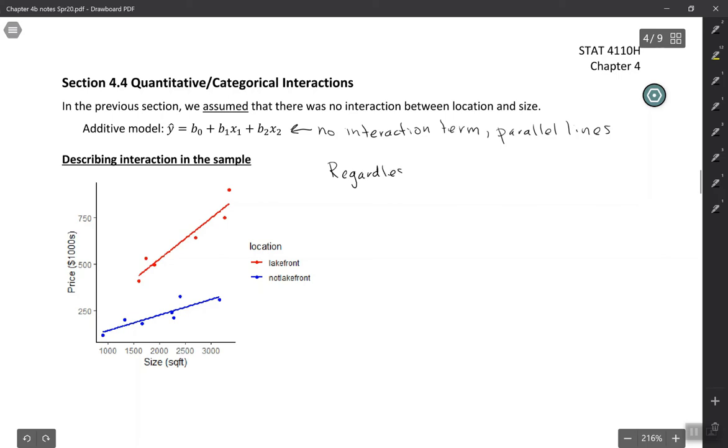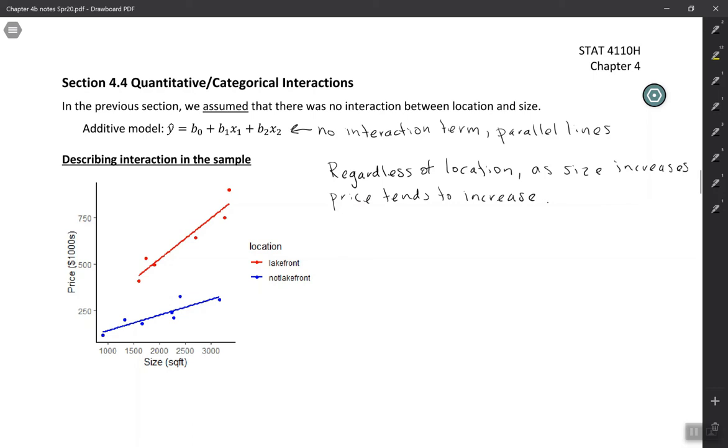So we could say regardless of location, as size increases, the price tends to increase. So far, I'm not saying anything about interaction because I'm just talking about that positive trend. I'm not actually comparing how the relationship changes. Okay, so I need to add a but here.